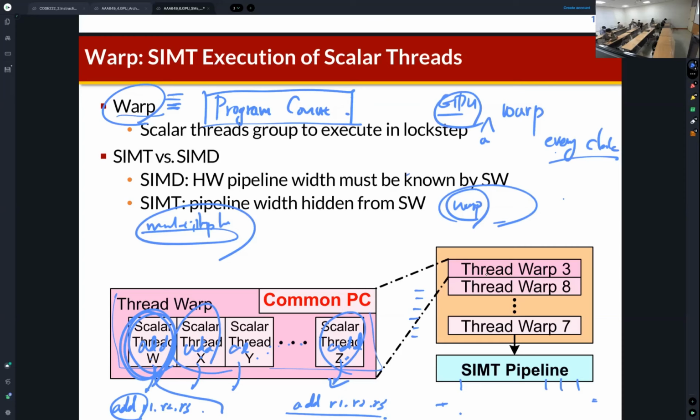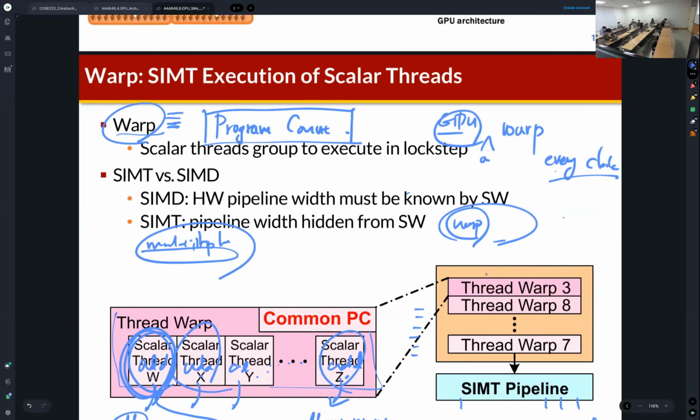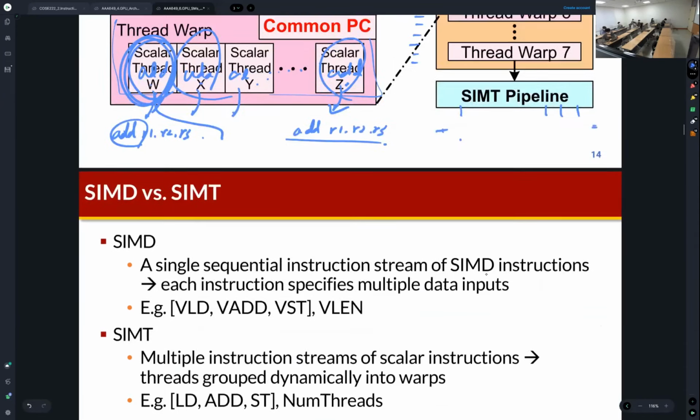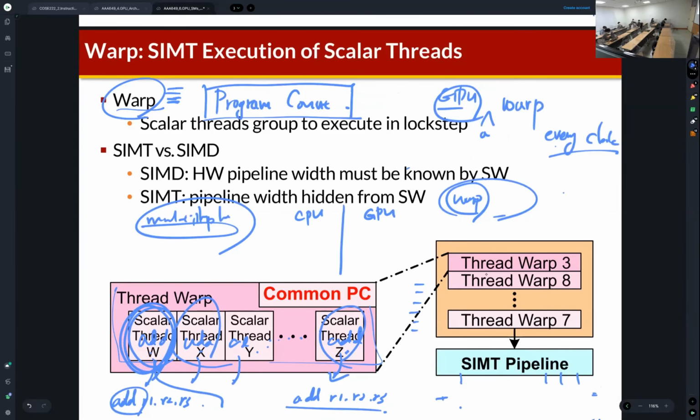With CPU multi-threading, the CPU selects instructions from multiple threads, but the GPU selects a warp for execution from multiple warps.